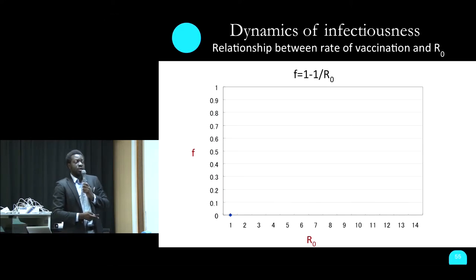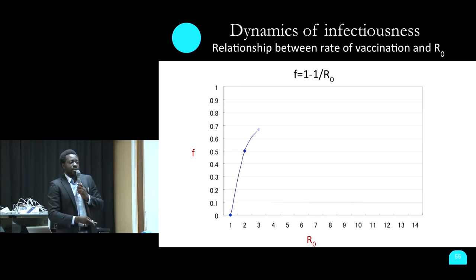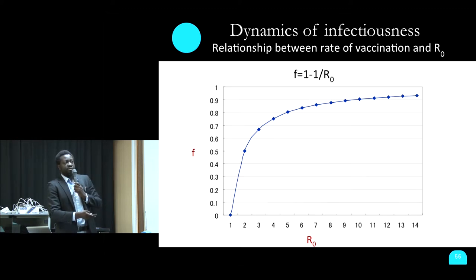So there is obviously a relationship between R naught and how many people we should vaccinate. As R naught increases, the number of people we should vaccinate also increases. But at a certain point, maybe from 7 here, it reaches a plateau.